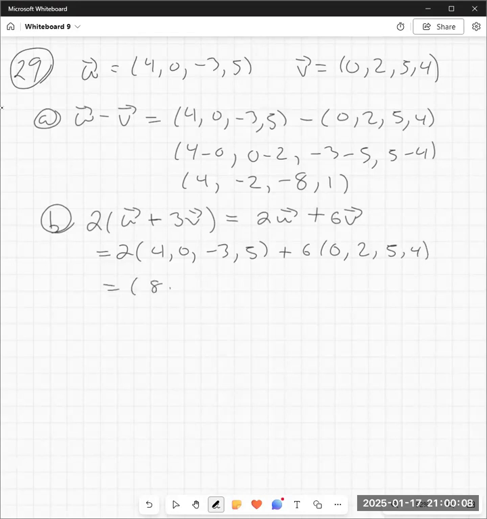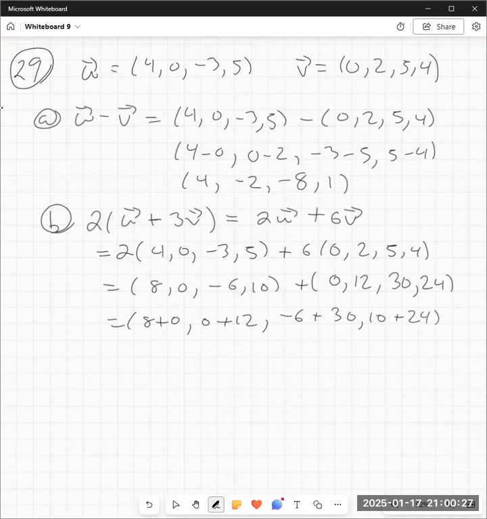So that's 8, 0, negative 6, 10, plus 0, 12, 30, and 24. That's 8 plus 0, 0 plus 12, negative 6 plus 30, and 10 plus 24. That's 8, 12, 24, and 34.